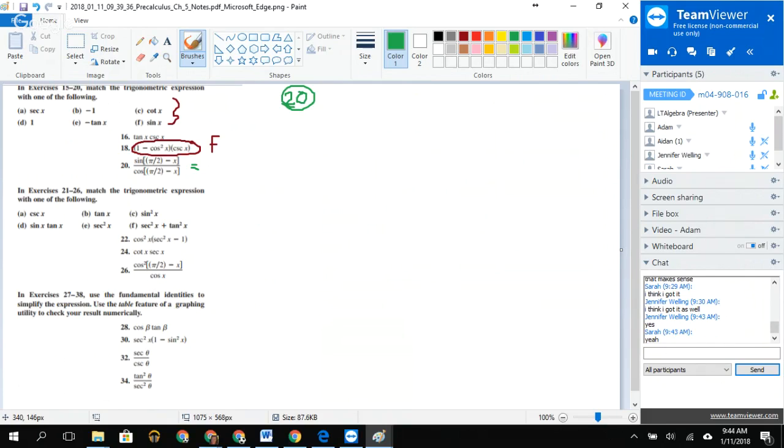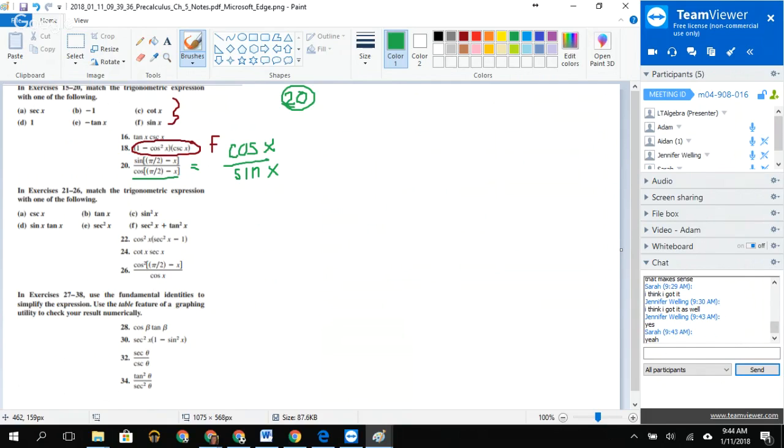I know that the sine of pi divided by 2 minus x is equal to the cosine of x, right? And the cosine of pi divided by 2 minus x is equal to the sine of x. And this relationship of having a cosine over a sine, or a sine over a cosine, is another way of expressing the tangent function.